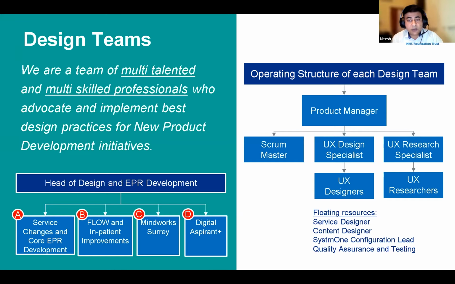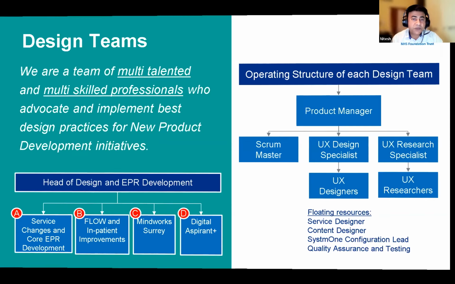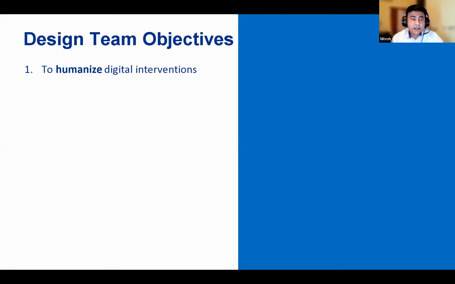We also tap into quality assurance and testing resources depending upon the needs and requirements. We thought it's important to illustrate the structure we are following at Surrey and Borders, just as an inspiration in case this helps you today. So we tend to humanize the digital interventions and move away from the technical jargon.